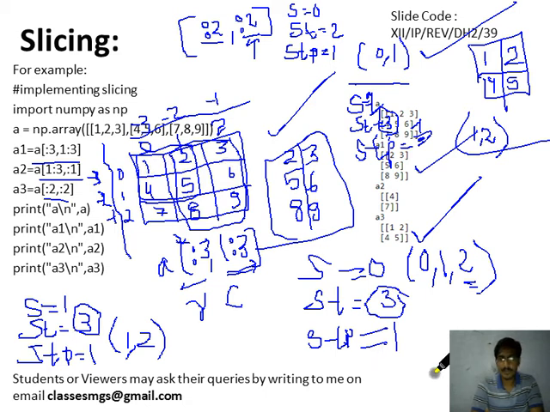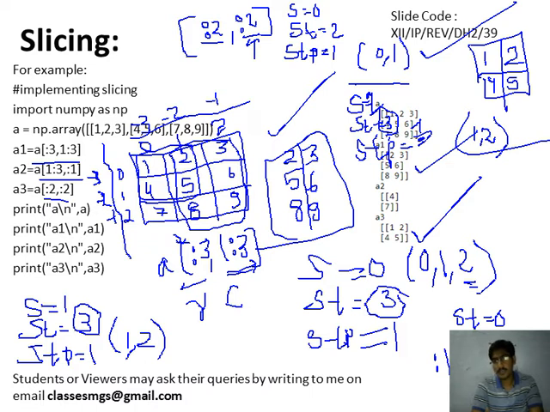And which columns will be selected? Colon 1. Colon 1 means the start position is not specified, so it is 0. Stop position is 1. And step is also 1.